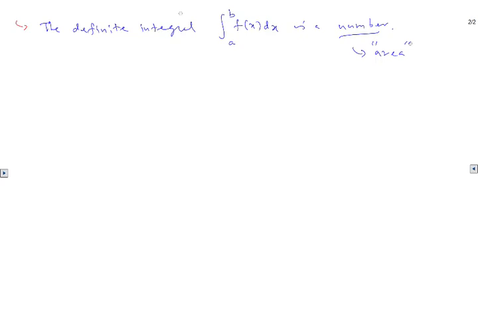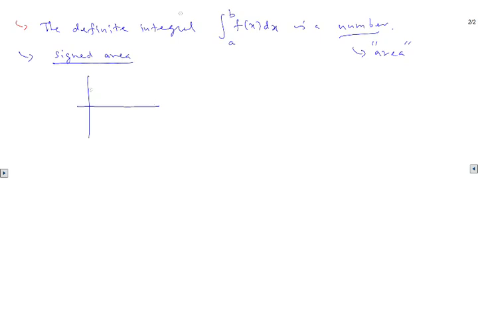So why is that? So one thing is, let's look at this situation. This is what we normally call signed area. Okay, so the area has a sign. For example, let's look at the cosine graph.